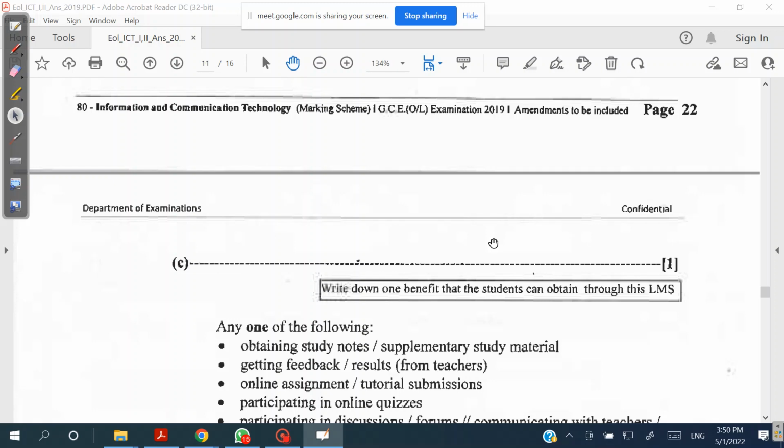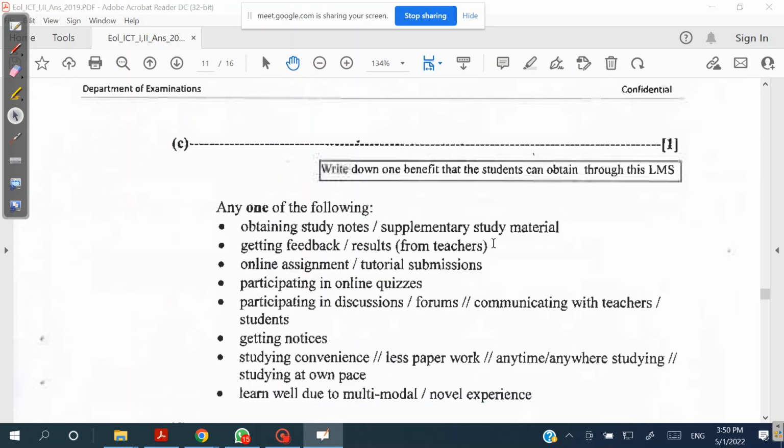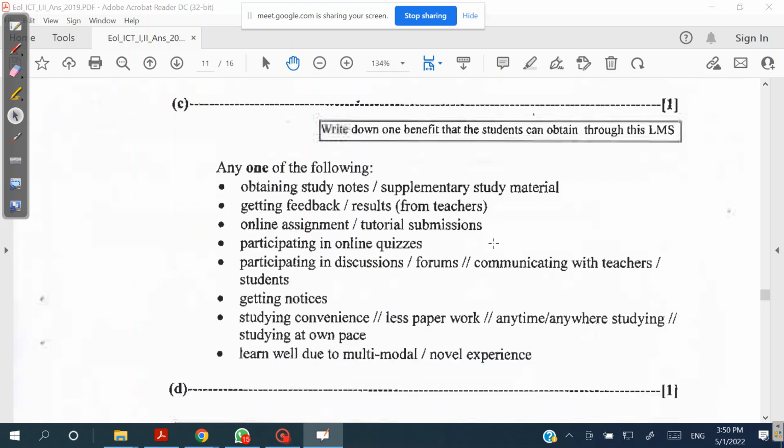So these can be taken as the benefits: obtaining study notes, supplementary study materials, getting feedbacks, online assignments. So all these things are the benefits of an LMS. Right? If you got any alternative answers, let me know.